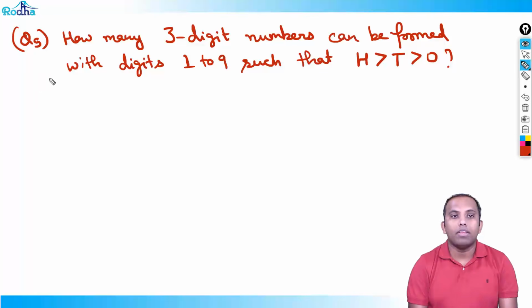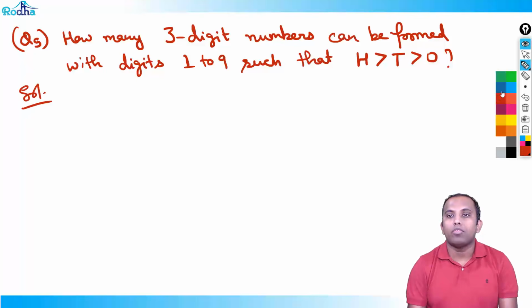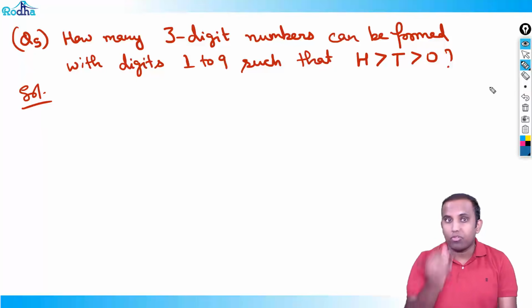Okay, hundreds place is greater than tens place is greater than ones place. How many 3-digit numbers can be formed, right?